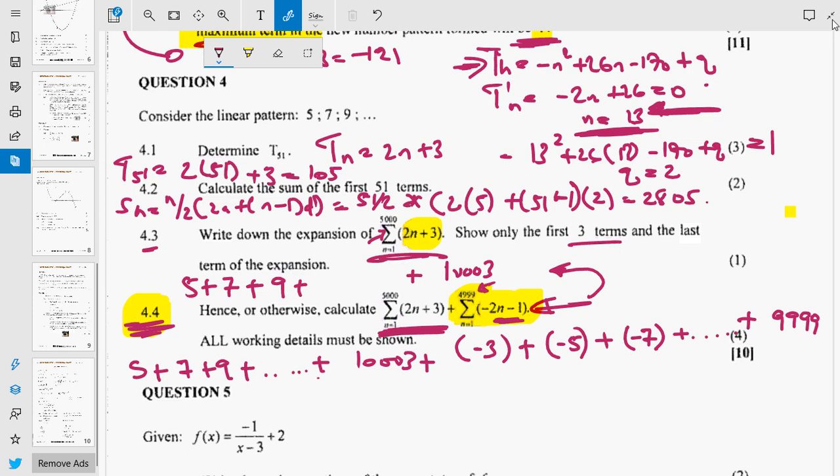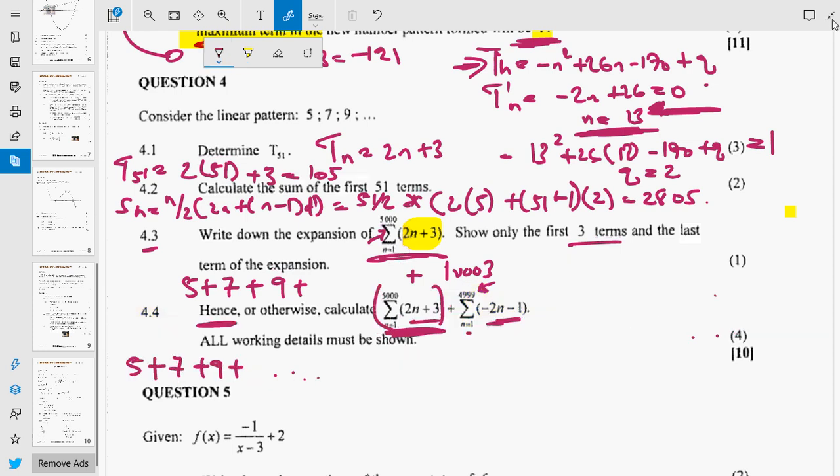But if you go down here, what is clear at the moment is that this will cancel with this, but it seems like this minus 3 won't cancel with anything.